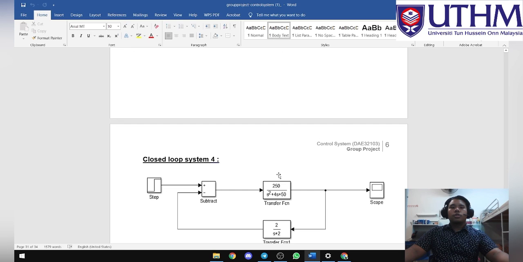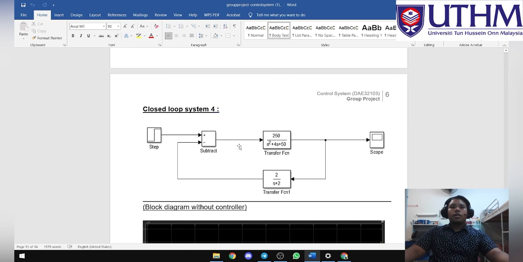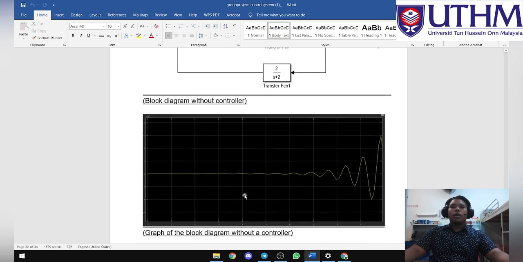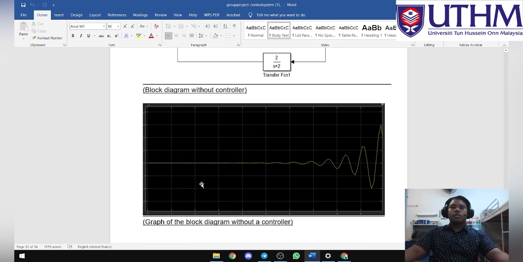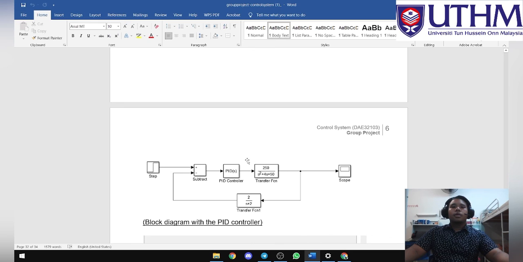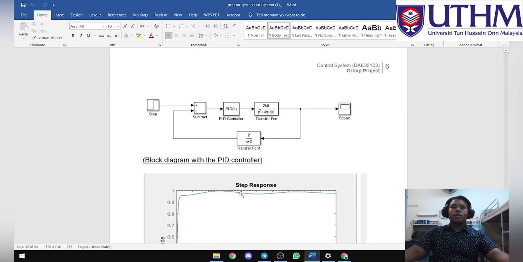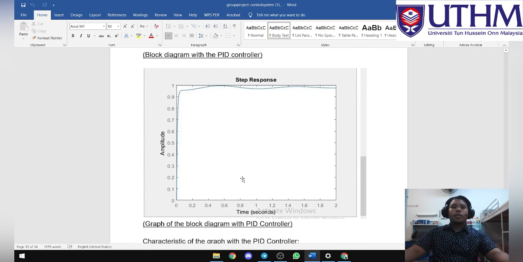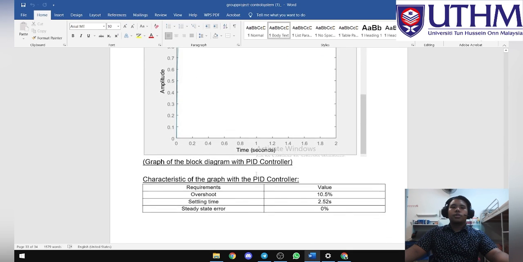For closed loop system 4, this is the block diagram with the controller, and this is the result, the graph of the block diagram without a controller. And this is the diagram with the PID controller, and this is the result, the graph of the block diagram with PID controller.